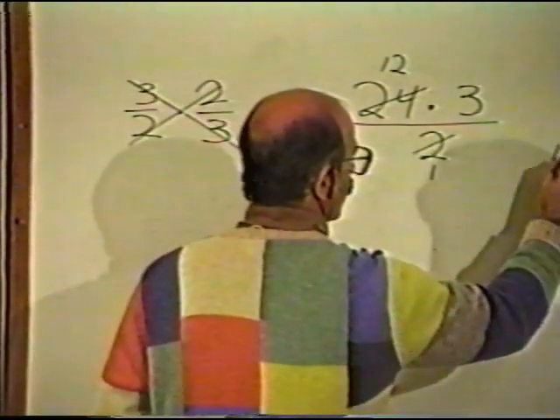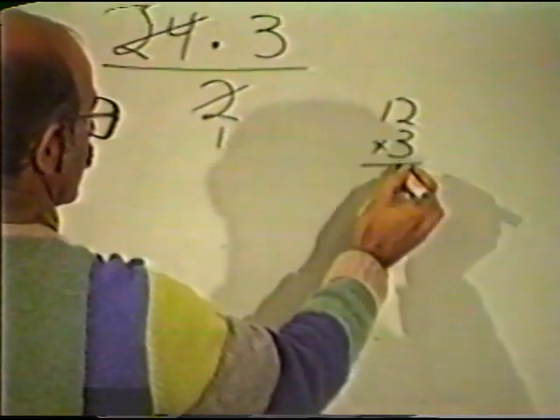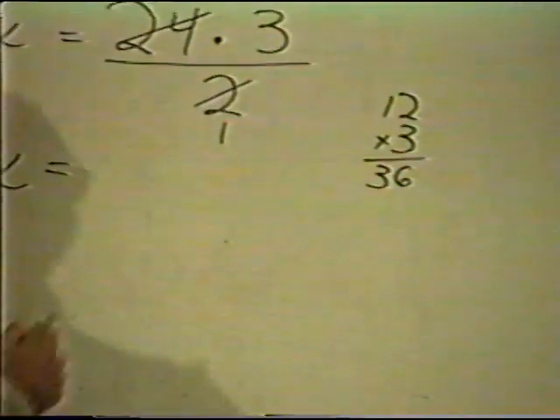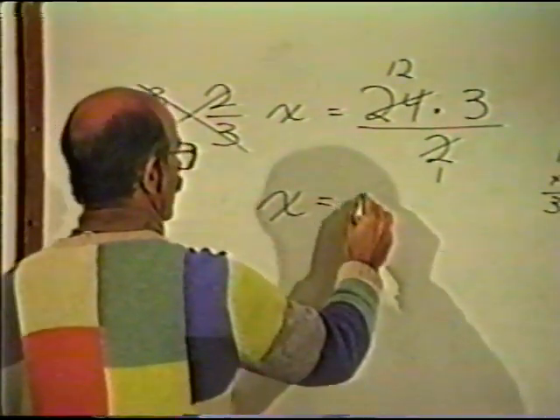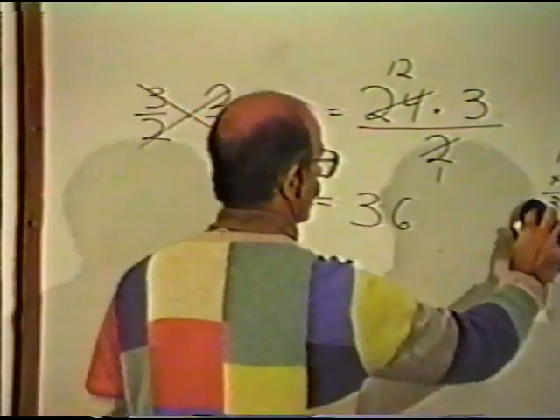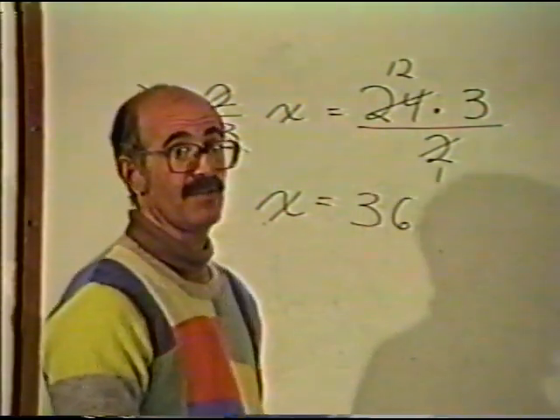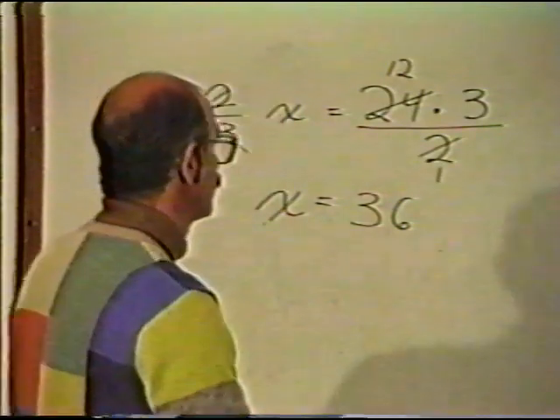If not, we'll just say 2 times 3 is 6, and 1 times 3 is 3. 12 times 3 is 36. We find out that answer, but the place we write it is right here. x equals 36. You're going to be using this kind of equation many, many times in your work with percents.